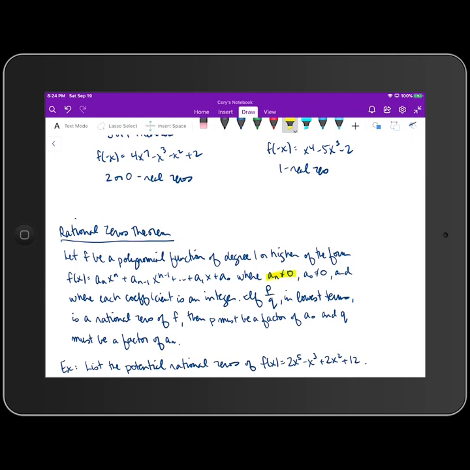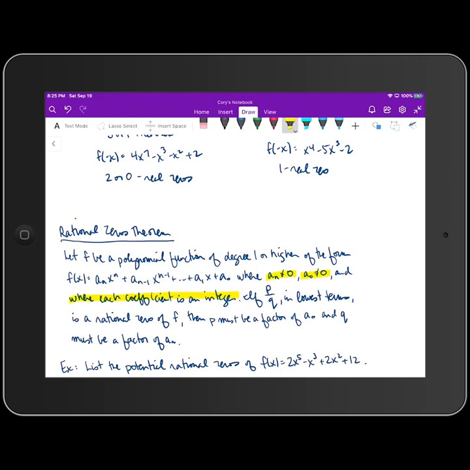a sub 0 cannot be equal to 0, and lastly, and this is important, where each coefficient is an integer. Okay, so if your coefficients are not integers, then you have to factor a number out of your polynomial in order to make those coefficients integers. So if one of your terms has a coefficient of 1/2, then you have to factor 1/2 out of your polynomial in order to make all of the coefficients integers.